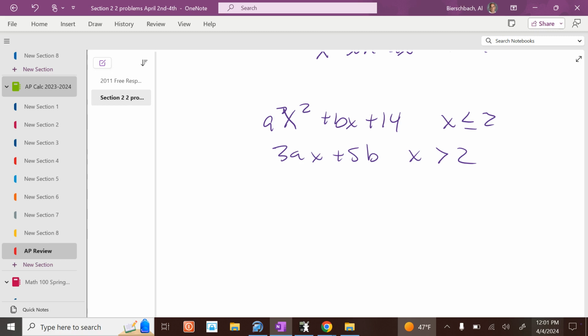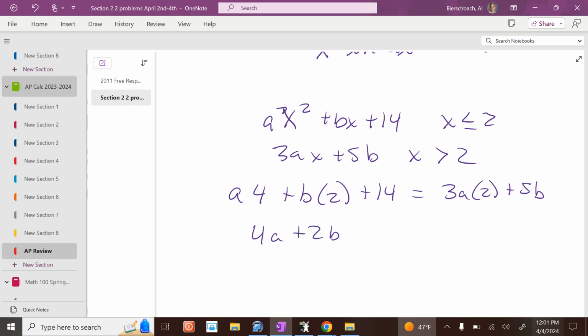Well, if you put 2 in for x and you set them equal to each other, so a times 4 plus b times 2 plus 14 has to equal 3a times 2 plus 5b. Okay, so 4a plus 2b plus 14 equals 6a plus 5b.